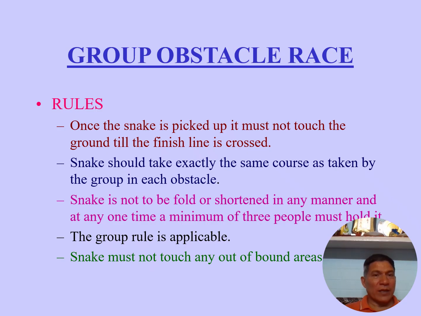The entire group has to coordinate that. The snake should take exactly the same course as taken by the group in the obstacle. The snake cannot go from one side and the candidates move from a different side. The snake is not to be folded or shortened in any manner, and at any one time a minimum of 3 people must hold it. So that is the rule. The group rule is applicable. The snake must not touch any out of bound areas.